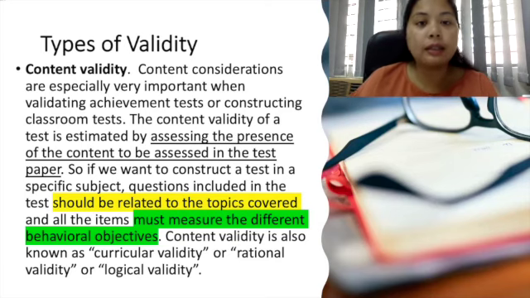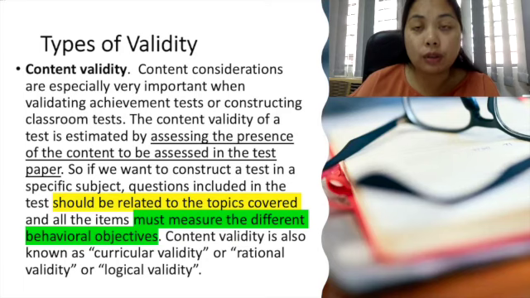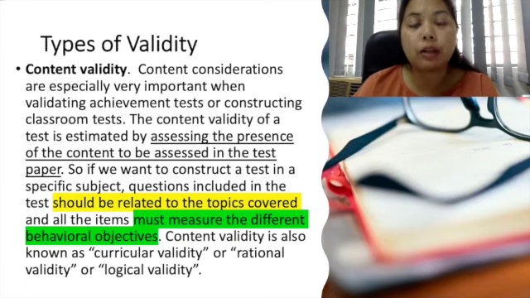So in content validity, the test is estimated by assessing the presence of the content to be assessed in the test paper. So this means that as a teacher, we have to make sure that all the topics are covered in the test and that all the items must measure the different behavioral objectives. Content validity is also considered as curricular validity or rational validity or logical validity.